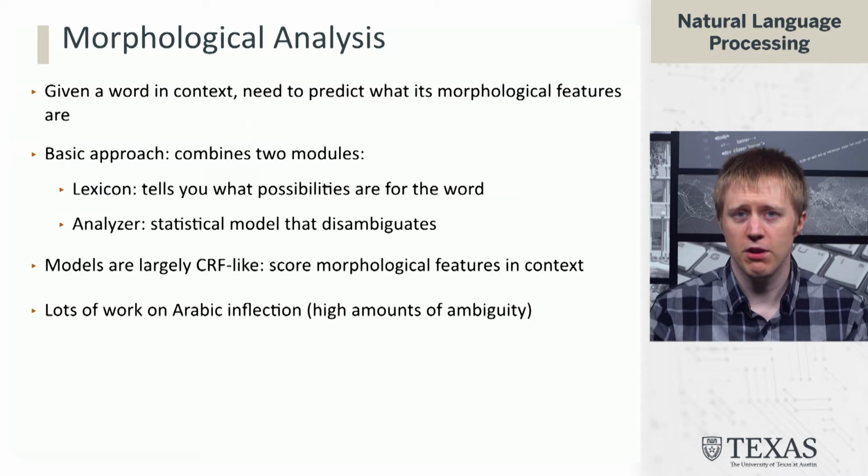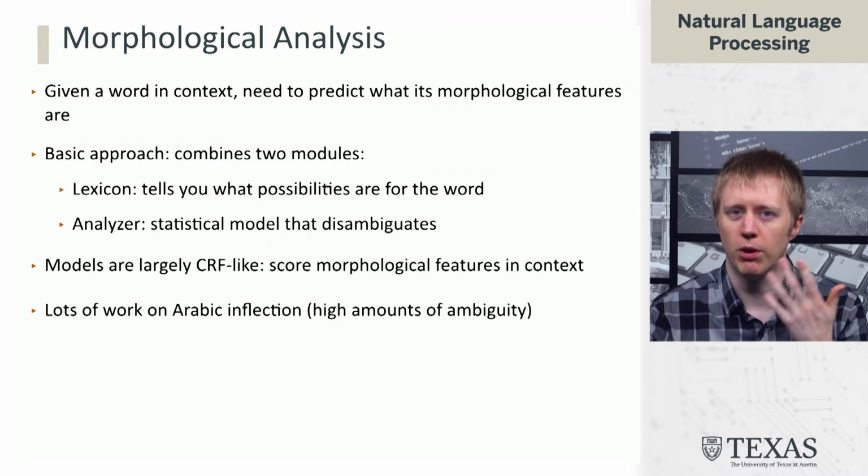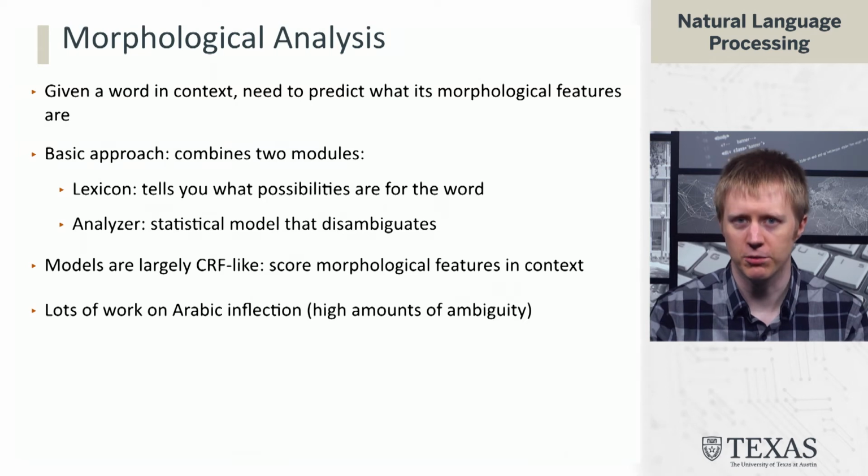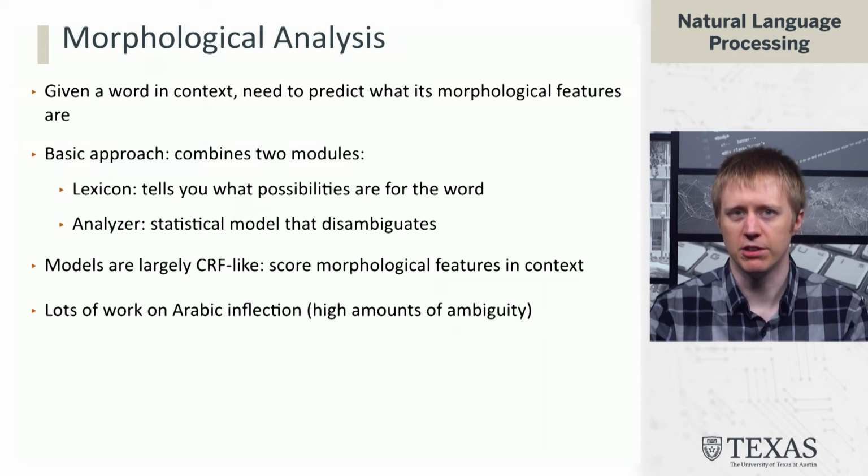What I'll say is that if you go looking for work here, there's a lot of it on Arabic, and that's largely because Arabic has a lot of ambiguity in terms of, when you see a particular word form, what word it actually is. This kind of analysis and inflection of Arabic is one of the big languages that people look at in this domain.